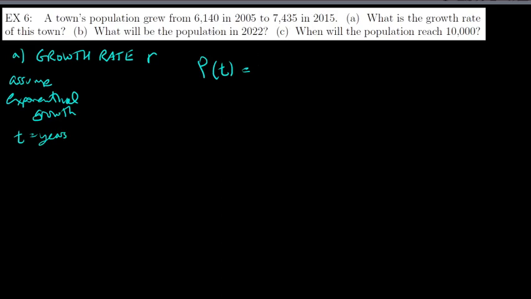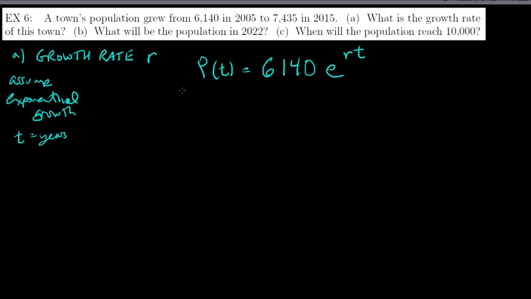The original population was 6,140. That's P0. Times e to the power r times t, where r is the growth rate per year, and t is the number of years.